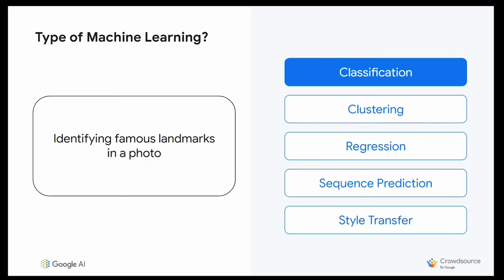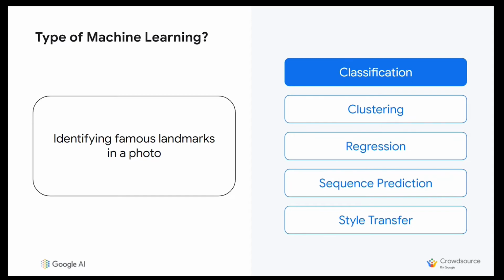Other algorithms like sequence prediction are based on past data. For example, in a particular sentence you have a sequence of words, so it can predict what follows that sequence of words.